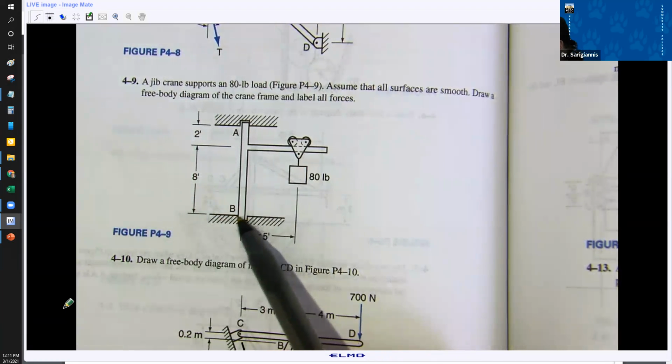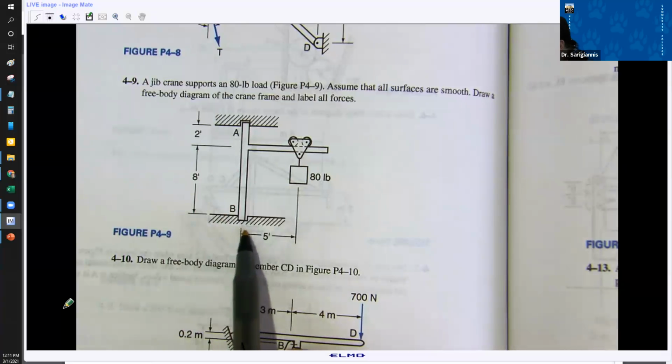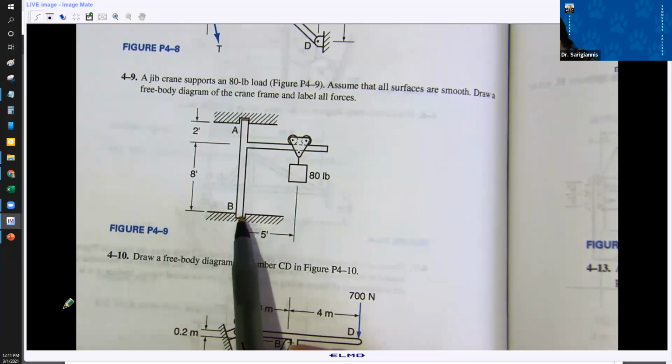So you can draw an x reaction force. You have an x and a y. Those are the forces that constrain this part of the beam, so that it can't move down through the ground, and it can't move left or right.